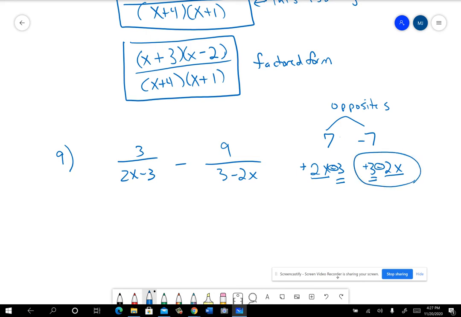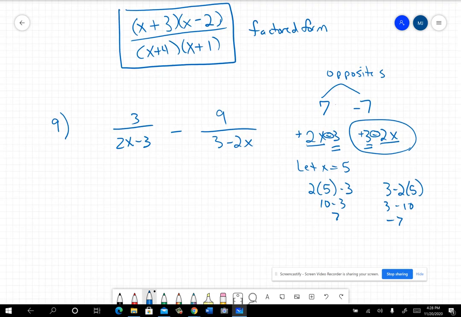So they're opposites. You can also tell they're opposites if you let x be some number. Let me let x be 5. See how this would be 2 times 5 minus 3. This would be 3 minus 2 times 5. See how this would be 7, but this would be negative 7.